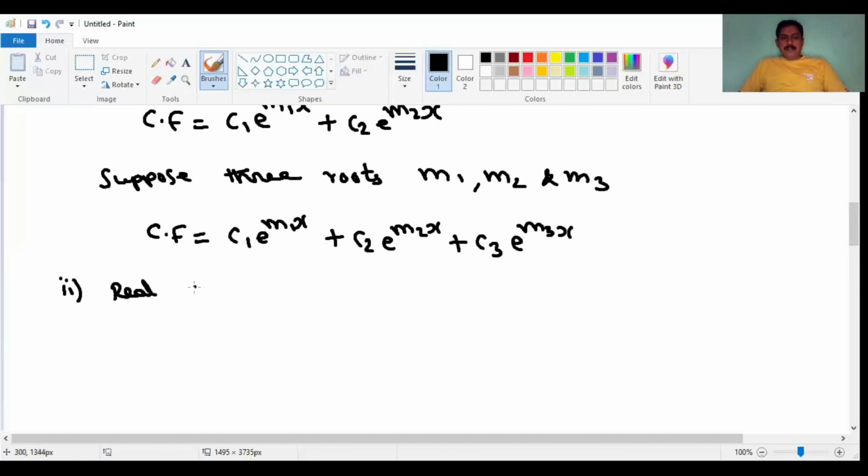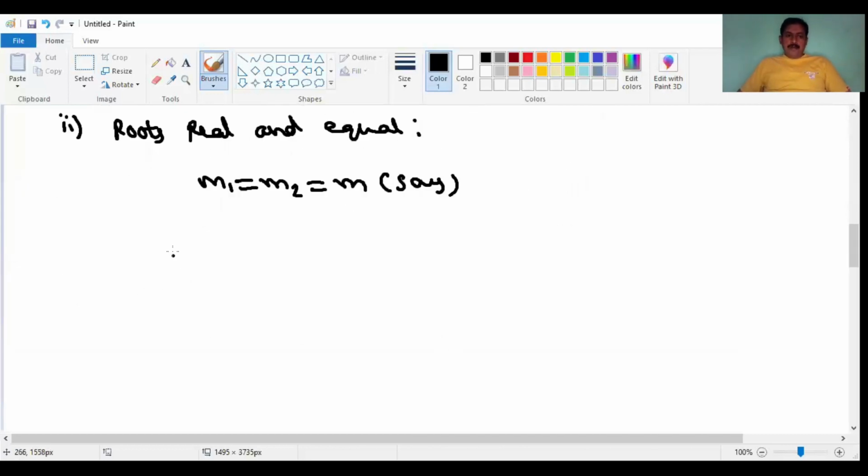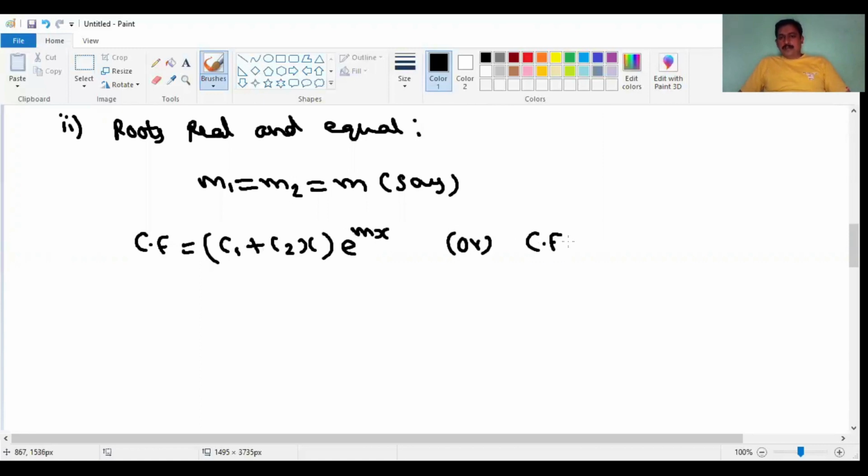Second case is roots are real and equal. Consider m1, m2 equal to some value m. These two roots are same. We can write our complementary function as CF equal to (c1 plus c2x) into e power mx. Or we can write like this: (c1x plus c2) into e power mx.